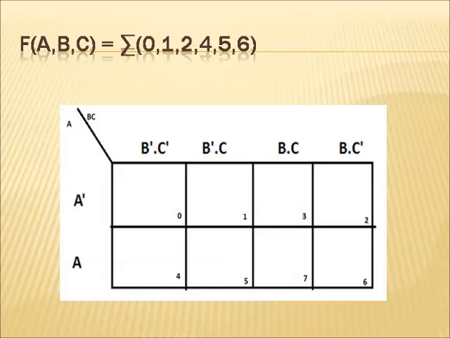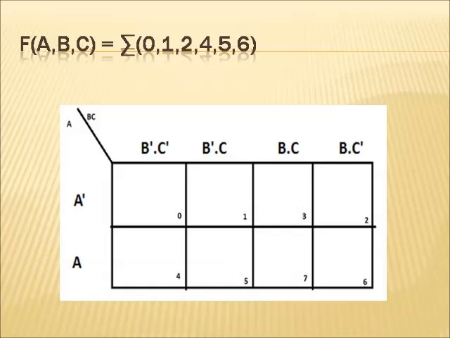One advantage with the Boolean expression, when the question is given in the cardinal form, there is an advantage because we can mark the given numbers. For example, you can see that the given expression is 0, 1, 2, 4, 5, 6.